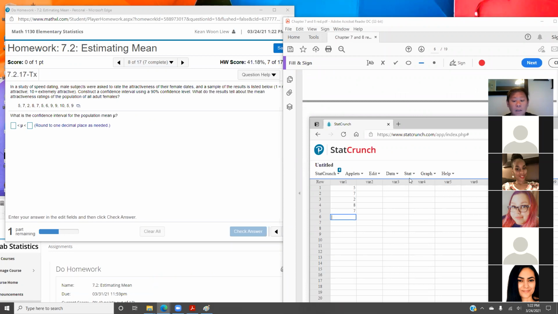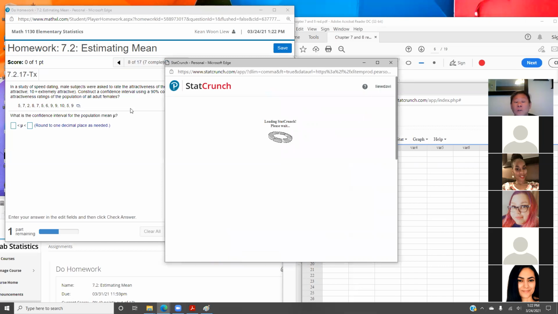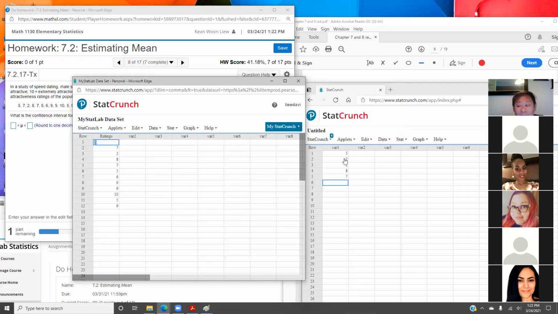But can't we just use StatCrunch? Yeah, you enter it like this, or if you do not want to enter it, you just open it in StatCrunch. Either way is fine with me. But I want to point out to you that in your finals, you have to enter it manually, because you cannot open in StatCrunch.